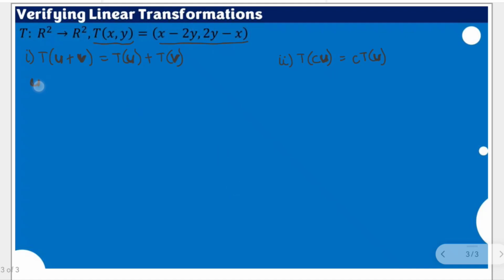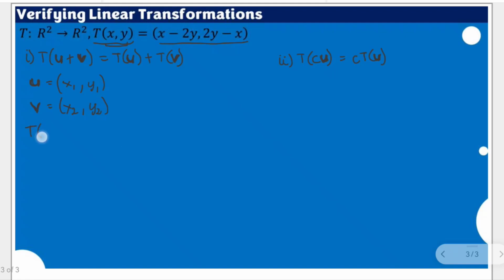So here, let us use these two vectors, u and v. In our previous videos, we were given x sub 1 and x sub 2 for our first vector x, and y sub 1 and y sub 2 for our vector y. Since our vector is a combination of x and y, let our vector u be x sub 1 and y sub 1, and our vector v be x sub 2 and y sub 2. So let's start with the first condition.